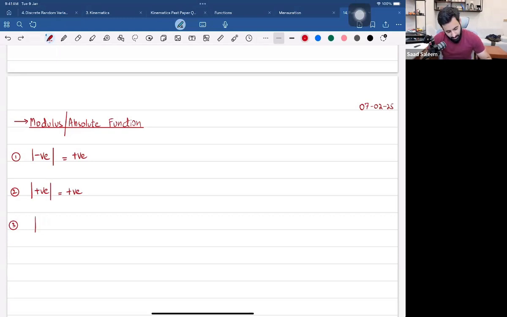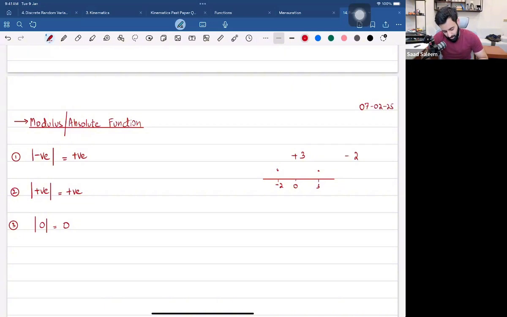Modulus basically means that we are interested in just the magnitude. Every value has a magnitude and a direction. For example, if I say 3, because it's positive 3, it has a magnitude and a direction on the number line. It's 3 units towards the right. This is where it is. Similarly, if I say minus 2, it means that on the number line, it's 2 units towards the left. That's where it's at.